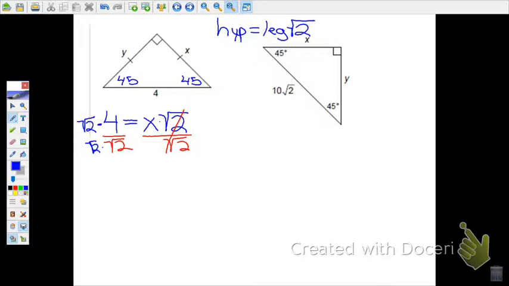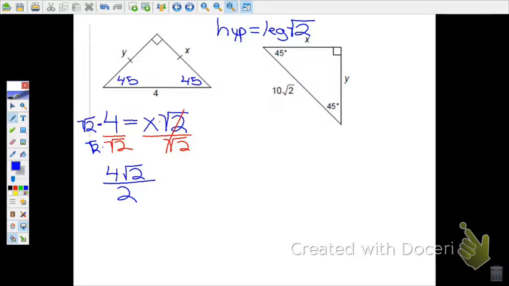So in the numerator, I have 4 square root of 2. In the denominator, what do I have? Just the number 2. Okay, that's the reason we took it times itself by that radical, because then it goes away. We get square root of 4, which is 2.